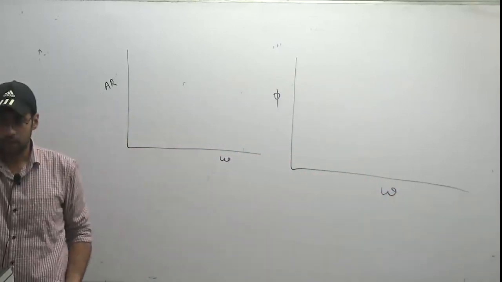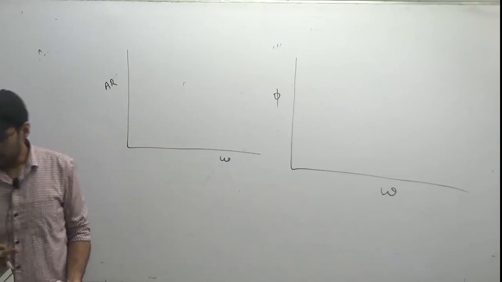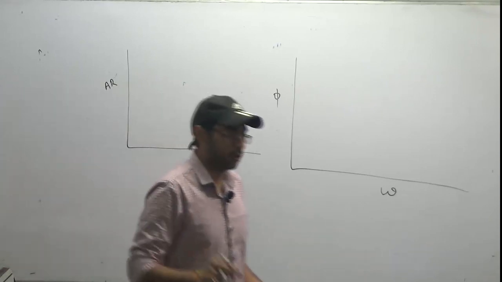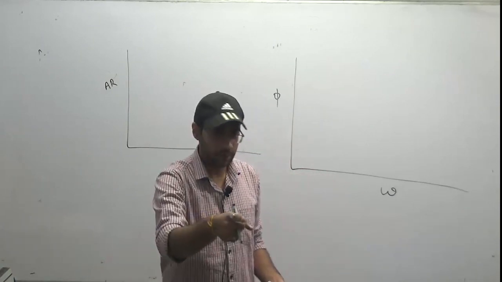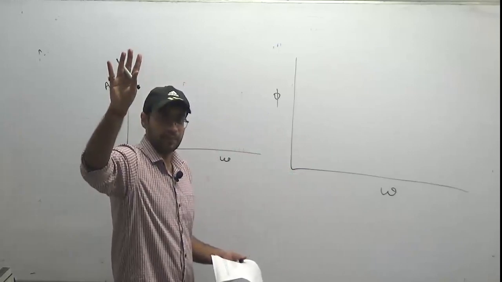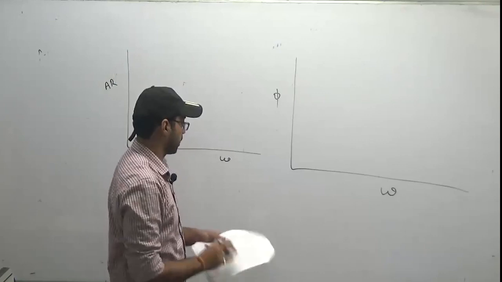So I can say from here Bode stability criteria is applicable where both graphs are monotonically decreasing. Got the point? Online students, is everyone correct? Everyone is getting the same thing? Okay, so all are correct in this case.